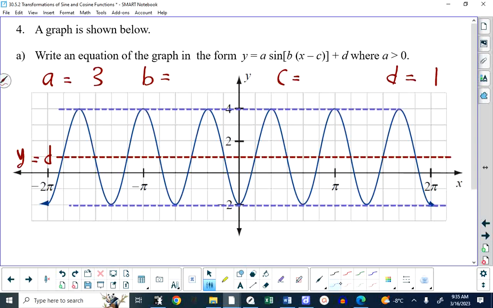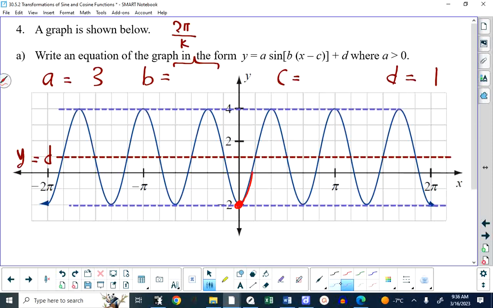Let's figure out what B is. Don't forget that B is 2 pi over the period. So we have to figure out what the period is. Well, if I can ever make use of a point on the y-axis, I would probably use that to determine a period.